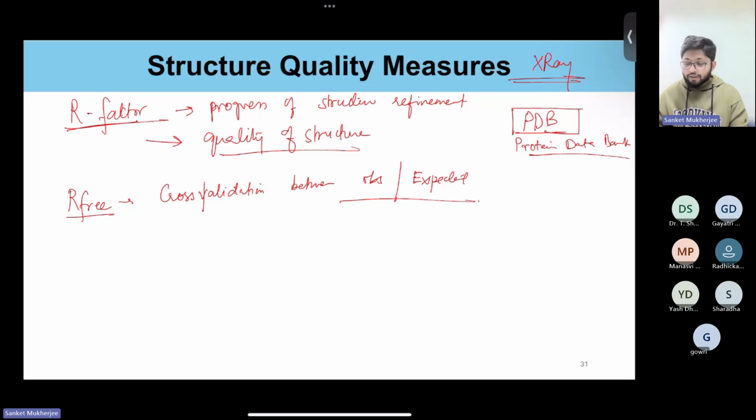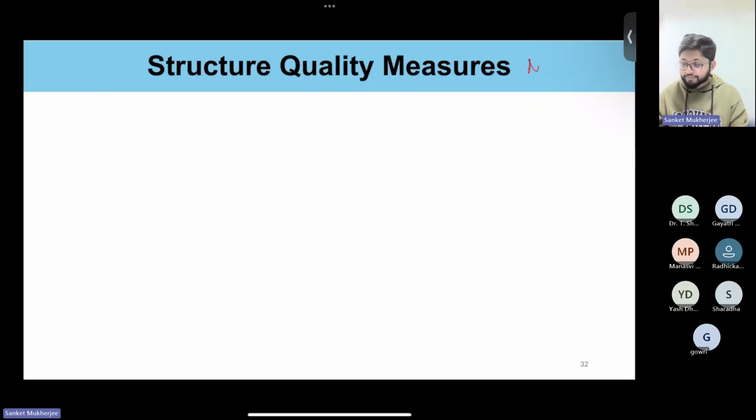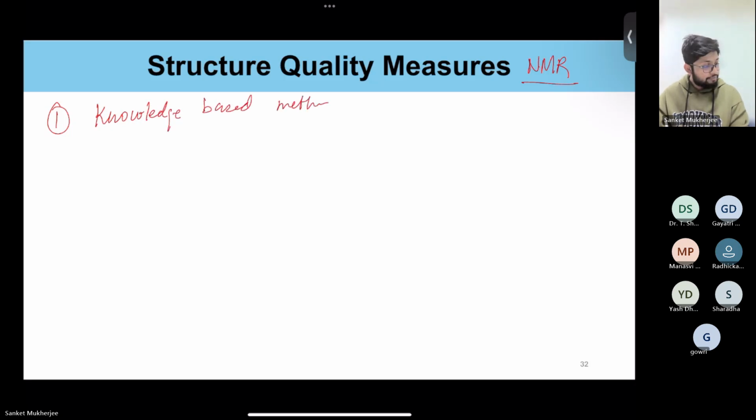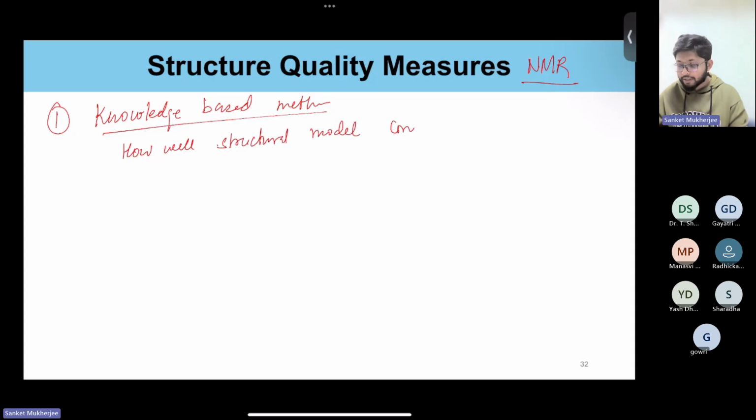In case of NMR, there are knowledge-based methods. That means how well a structural model conforms to expectation.